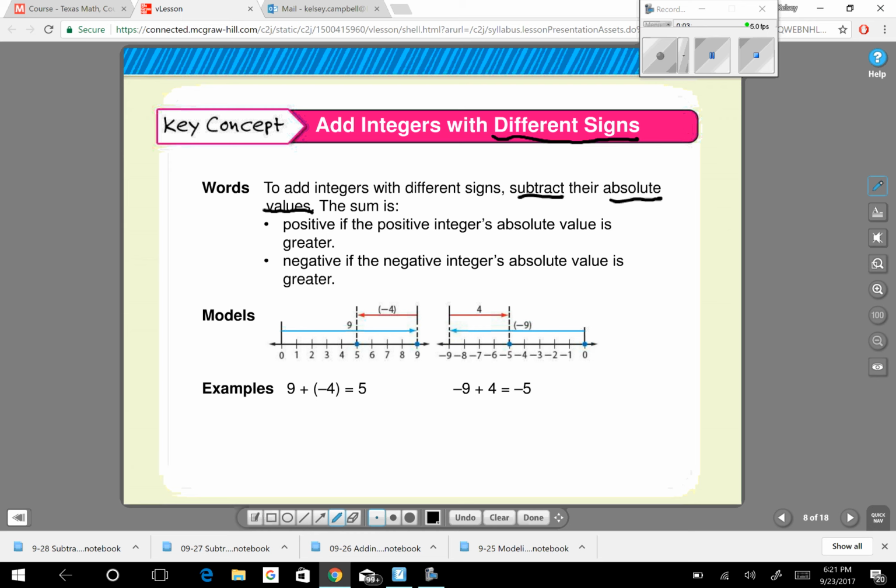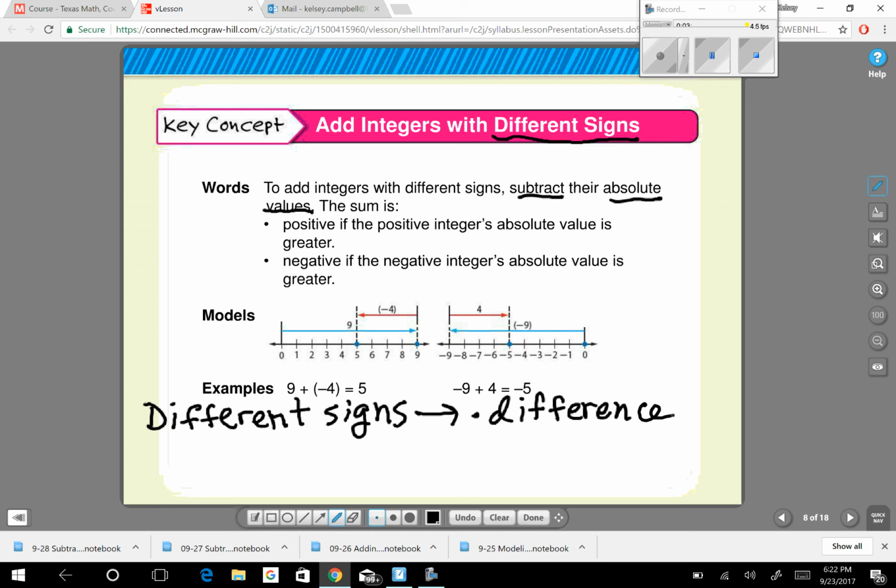So what I want you to write down is when they have different signs, you take their difference and then you keep the sign of the larger number, of the bigger number.